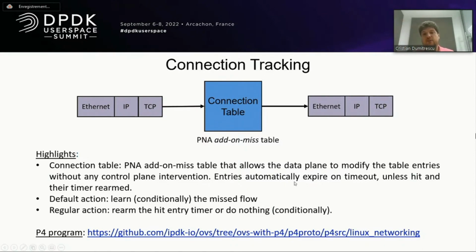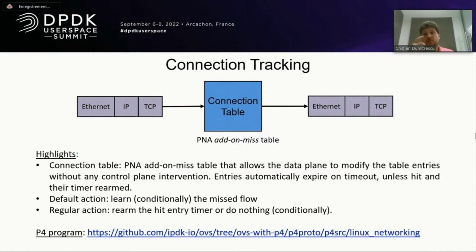The entries will expire automatically, on timeout. There is a timeout associated with each entry when the entry is added to the table. If that entry is hit before it expires, you have the option to rearm the timer with the same value, with a different value, or simply do nothing, in which case that entry will expire naturally whenever the timer goes to zero.